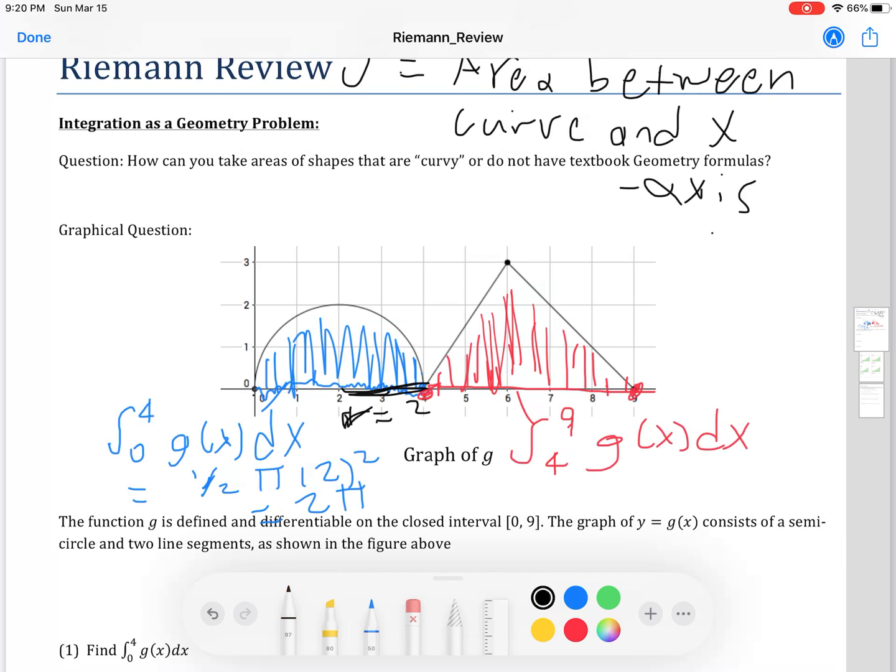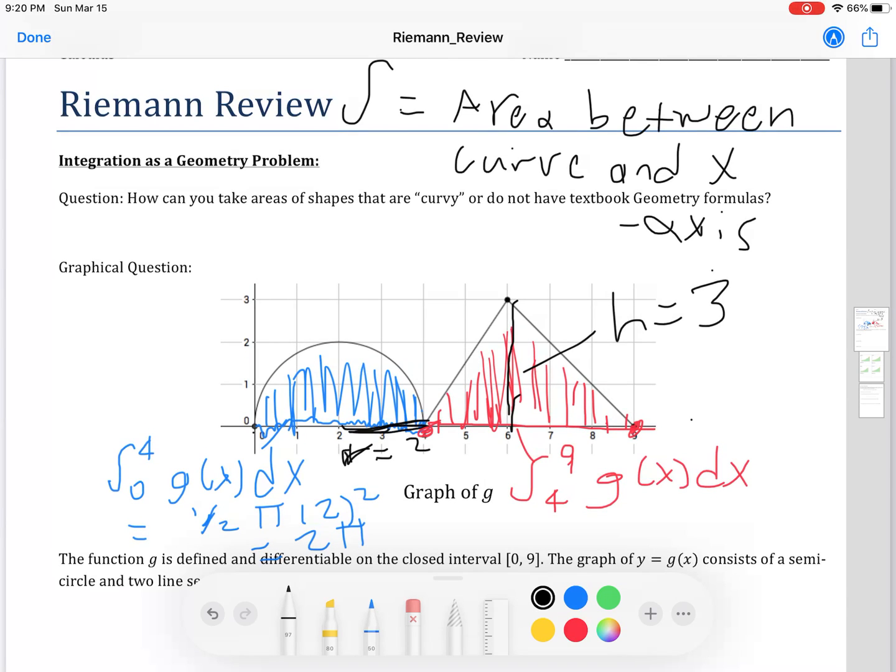We can look at the geometric features of this triangle and see that the height is equal to 3 and the base is equal to 5. And we see that the area is 1/2 times 3 times 5, or in other words, 7.5 units.